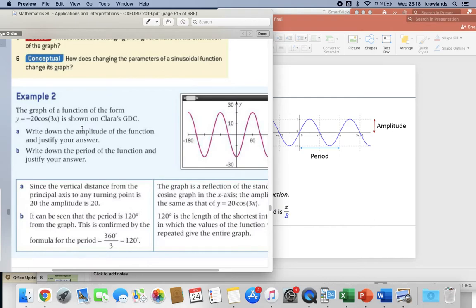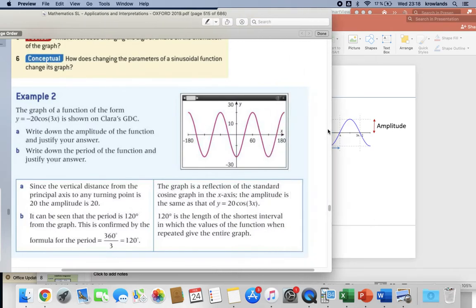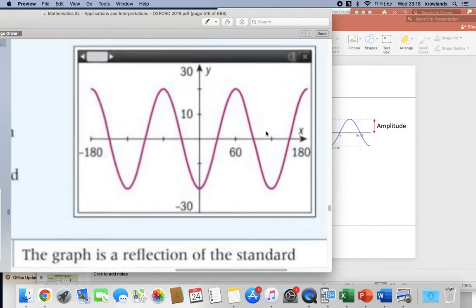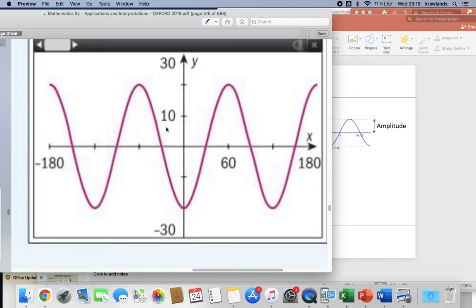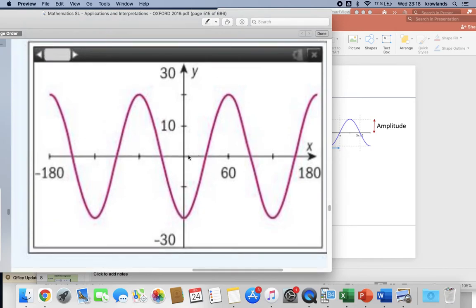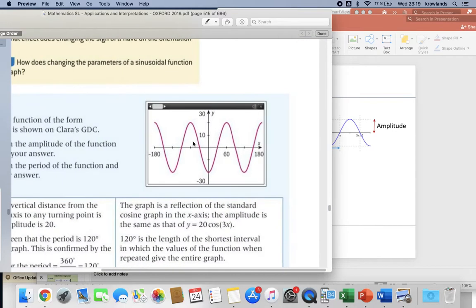The graph of a function of the form is shown on her GDC. Write down the amplitude. Now we can look at the amplitude using the picture. The amplitude is the distance from the x-axis, or the principal axes, to the maximum and the minimum.